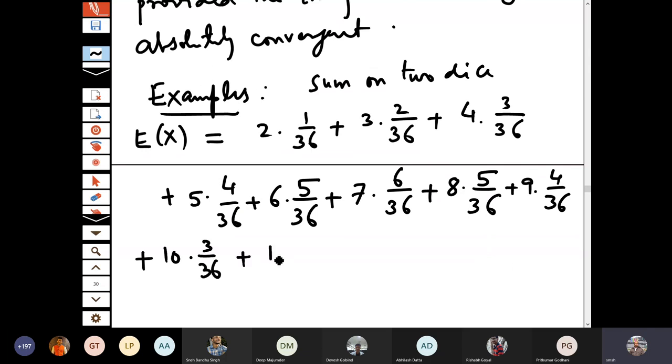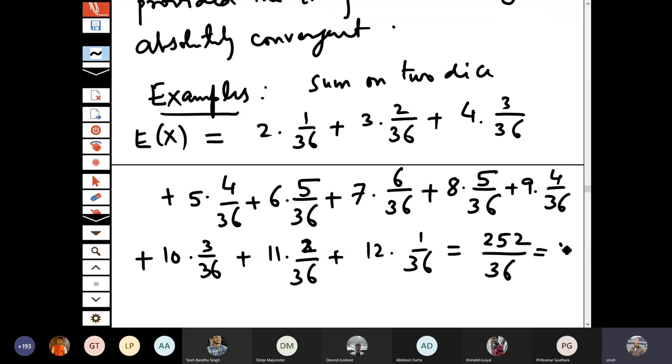It was taking value 11 with probability 2 by 36, and value 12 with probability 1 by 36. So you can add these things: 2 plus 6 plus 12 plus 20 plus 30 plus 42 plus 40 plus 36 plus 30 plus 22 plus 12. So it is 252 by 36, that is 7.